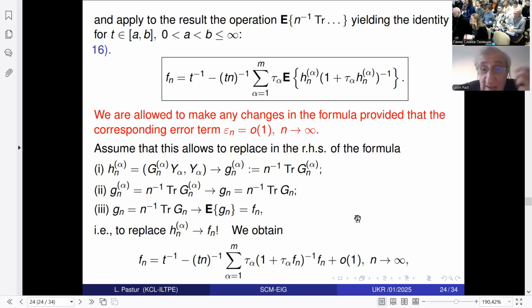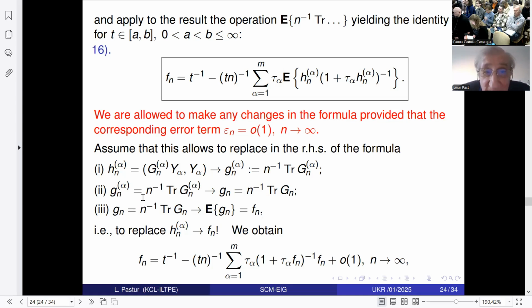So it will be already not an identity, but a certain equation. Okay, it would be, because there is still an error term if I am right, and you have to pass to the limit. But this important step, the main step of the proof, it is convenient to divide into 3 parts. First of all, I pass from Hn alpha, here is its definition. I would like to replace this quadratic form by n minus 1 trace of the matrix Gn alpha, which determines the form.